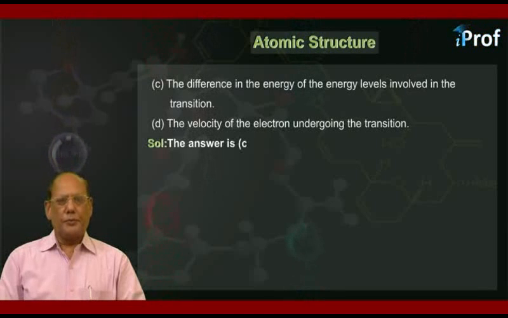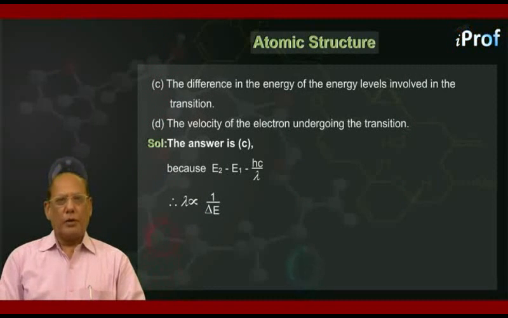The answer is C, because E2 minus E1 is equal to hc upon lambda, and therefore lambda is proportional to 1 upon delta E.